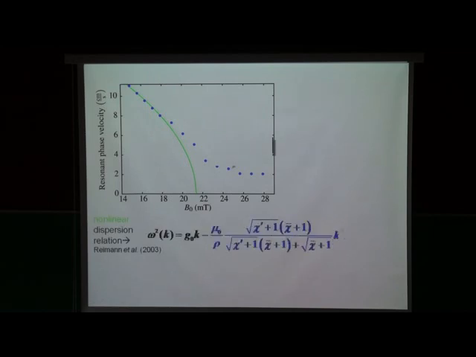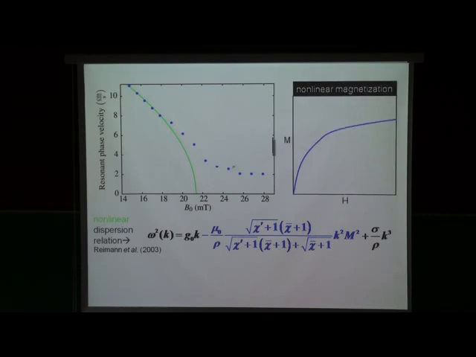And this time we used the nonlinear dispersion relation in a form which is taking into account a more adequate description of the magnetization curve. You have here the nonlinear magnetization curve, which is blue.